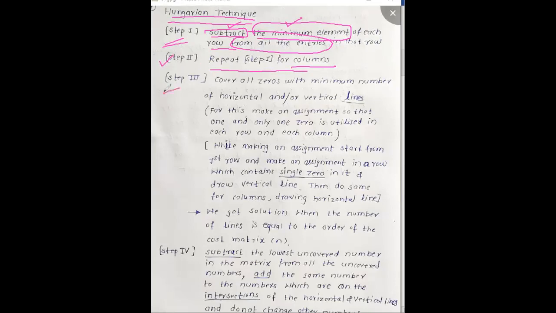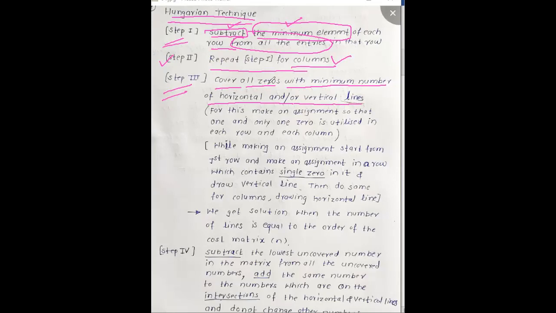Then step number 3, cover all zeros with the minimum number of horizontal and vertical lines, or a combination of horizontal and vertical lines. So when we subtract the minimum element of each row from all the entries in that row, you will get zeros. Similarly, we perform the same procedure for columns. So the subtraction will give you zeros.